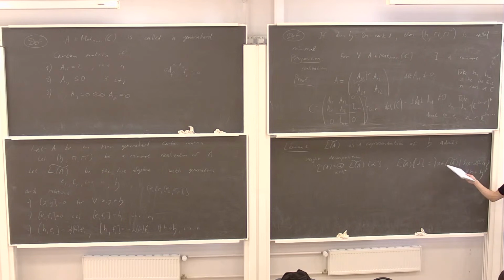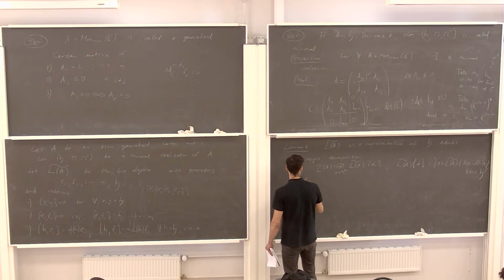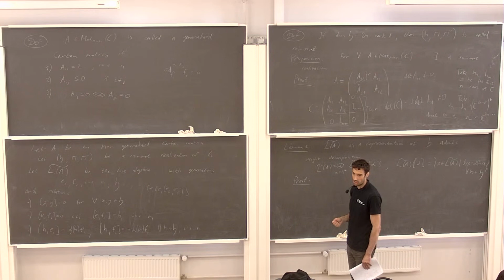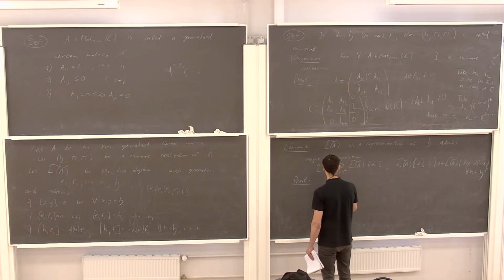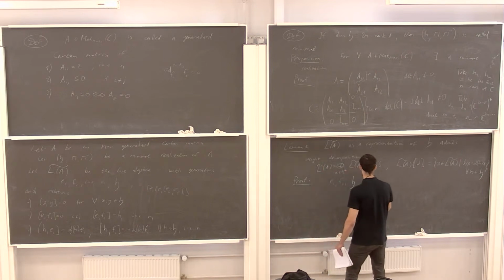Okay, is this lemma clear? I think it's kind of obvious. So let me still write. You have generators. All generators are weight vectors, right? So E_i, F_i, H. These are weight vectors.